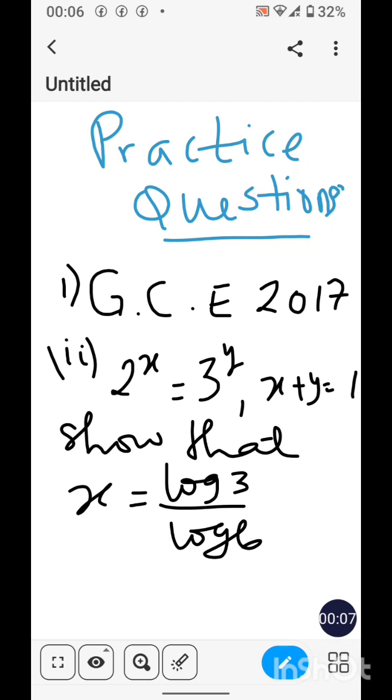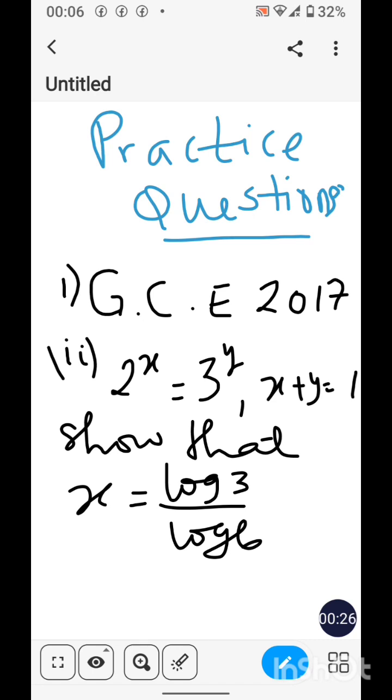Now we'll be looking at some questions in GCE, that's Cameroon General Certificate of Education examination at the advanced level. I would like us to look at GCE 2017, question 1, Roman 2.